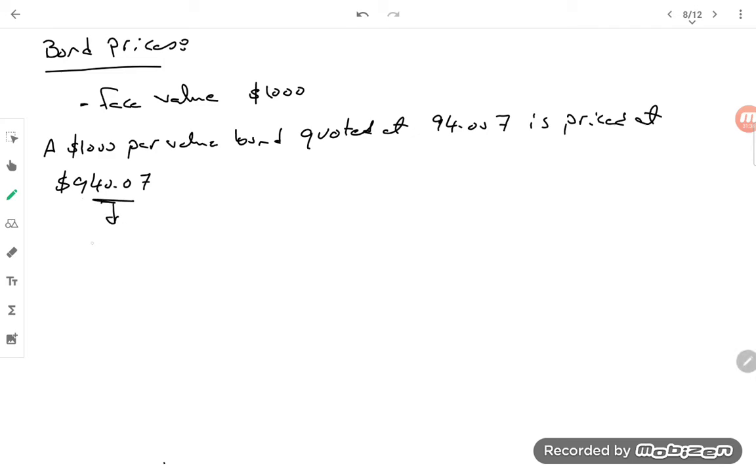This is calculated as the $1,000 multiplied by this ratio, which is 94.007.